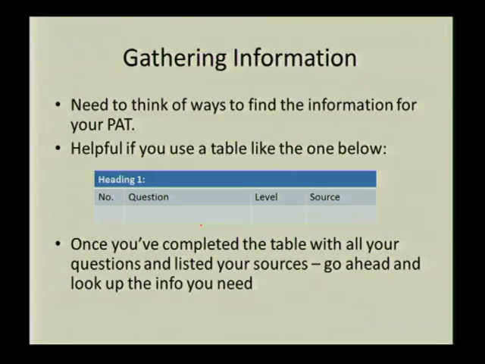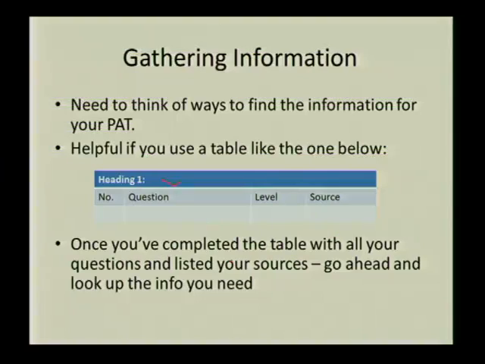So in your table, you are going to have your heading, whatever it may be. Then you are going to write your question down, the level of the question, and the source. Now the source is where you are going to go and find your information. So once you've completed your table for all your questions, you can go and look up the information from your sources, and you can use the internet.